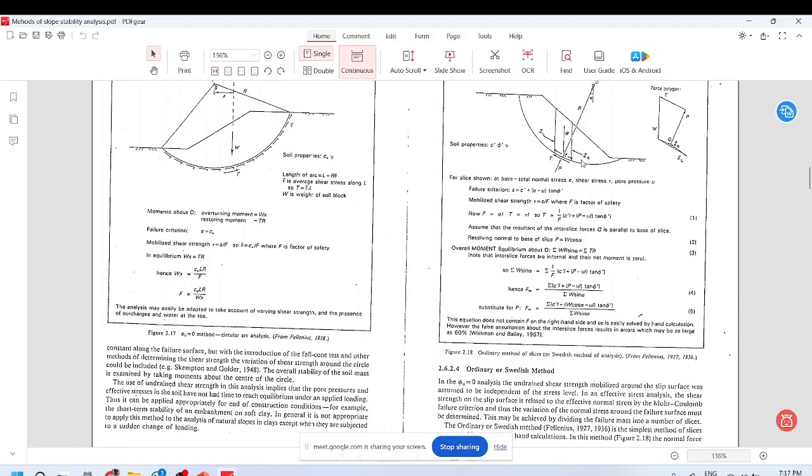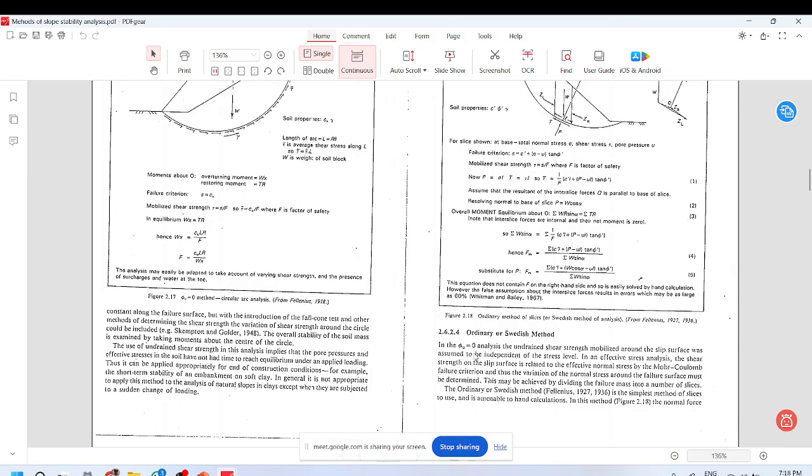But in this case, in an effective stress analysis, here we were talking about total stress analysis. Now we'll talk about effective stress analysis. We'll apply the same principle using the effective stress analysis.